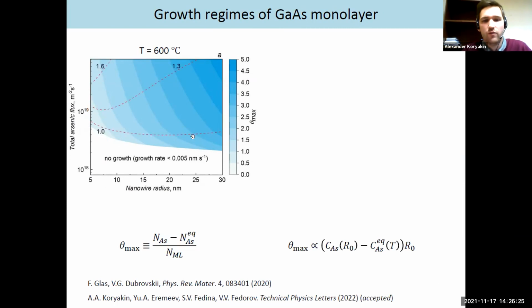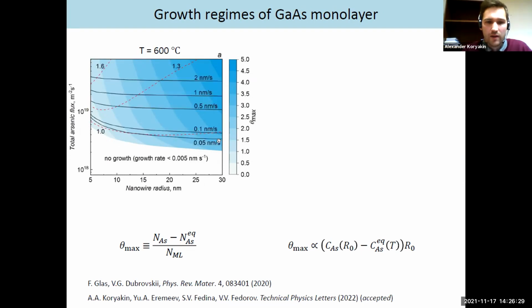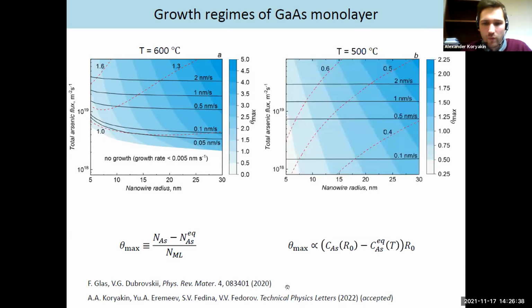The dependences of arsenic concentrations and nanowire growth rate on growth conditions are plotted and are in agreement with previous modeling. We proved the scaling law for theta max that was already found in this work: theta max is proportional to nanowire radius for not too small radius.